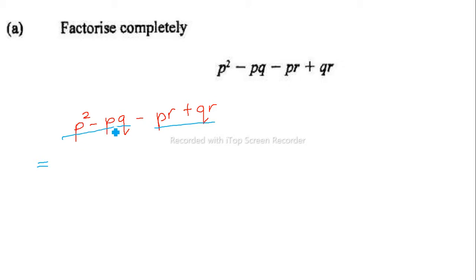What term is common? Yes, they both have p. So I'm going to pull out a p, open bracket. We'll be left with what? What times p gives me p squared? p, because p times p is p squared.